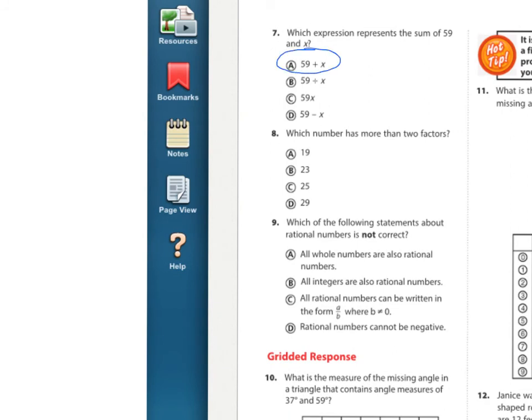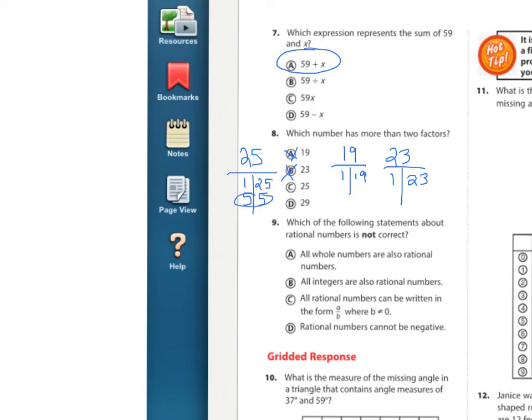Which number has more than 2 factors? Okay, your t-chart for 19 is just 1 times 19. That's exactly 2 factors. We're looking for the one that is more than. 23, y'all didn't have that one up there. 1 times 23 is the only way to make 23, so that's not a choice. 25, 1 times 25, and then 5 times 5.